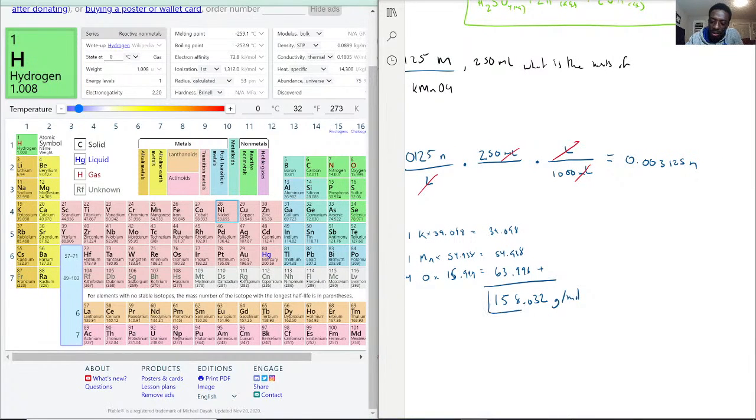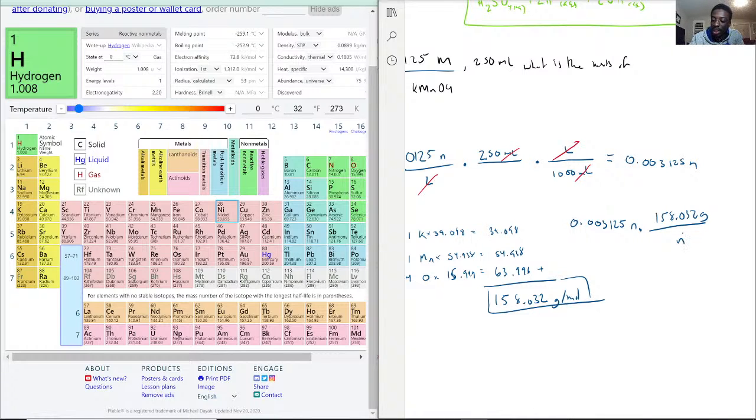We're given this really small number of moles. So now to find out how much of that is actually grams, we need to multiply it by the grams per mole. So 0.003125 moles times 158.032 grams per mole.